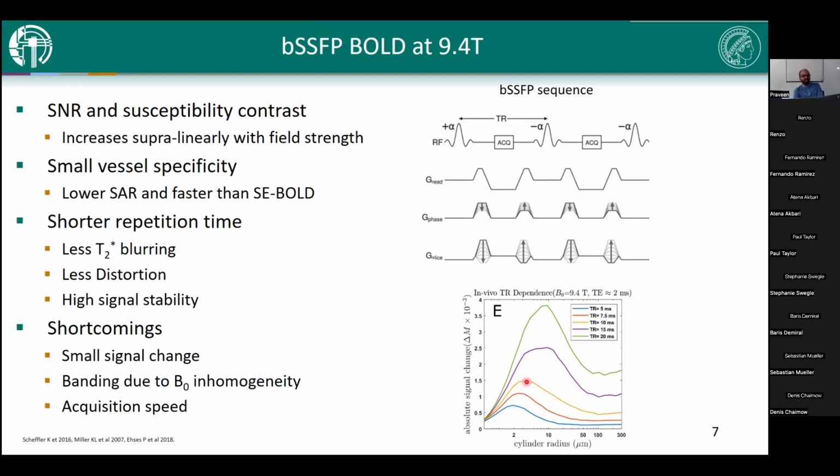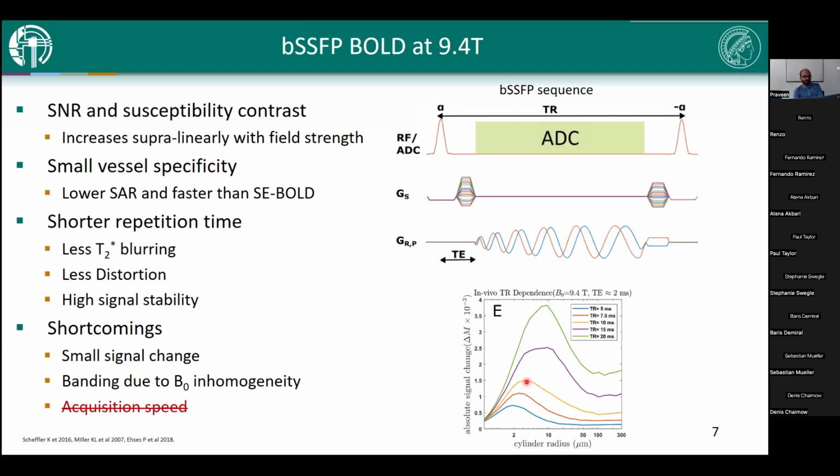So if you can increase the TR and then insert efficient readouts like an EPI or a spiral trajectory inside, you get a very close acquisition speed to gradient echo. So that's the goal of this project, and that's what we are trying.